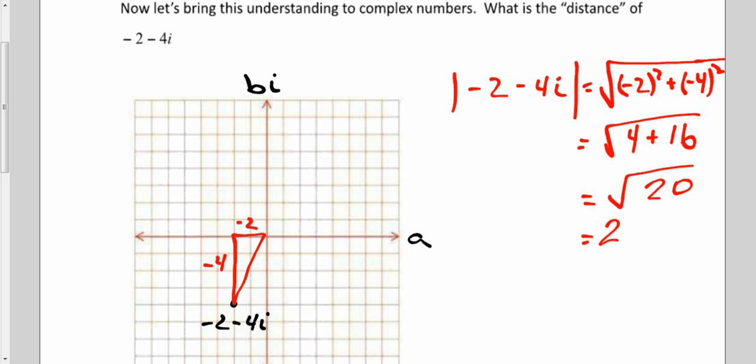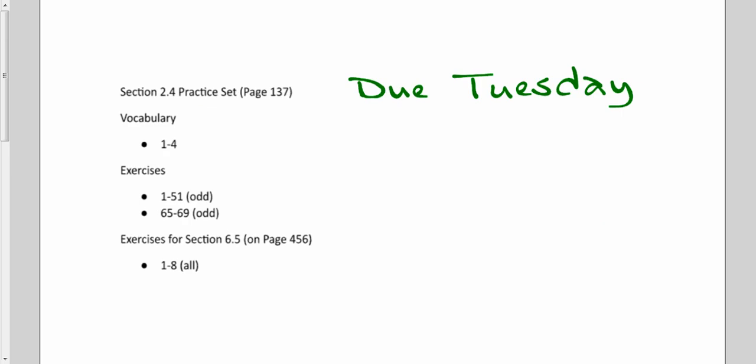I'll put the 2 first, all right? Does everybody see how Jeff got that? Okay. All right. So that's the absolute value of this complex number. Okay.